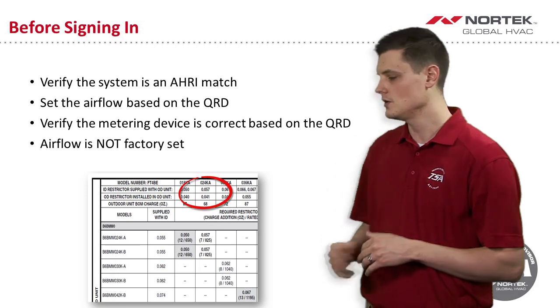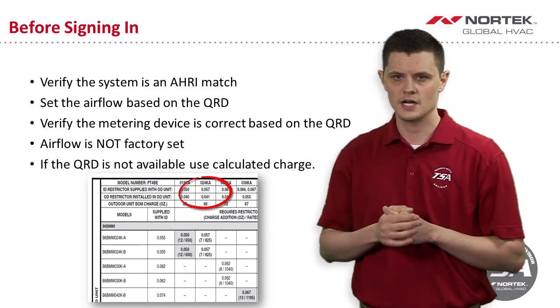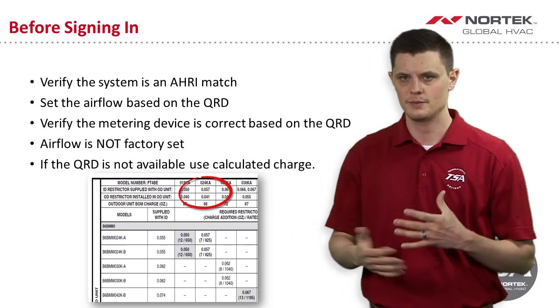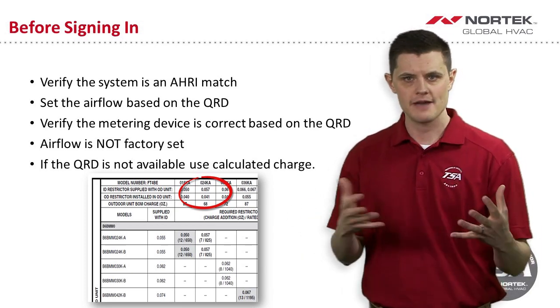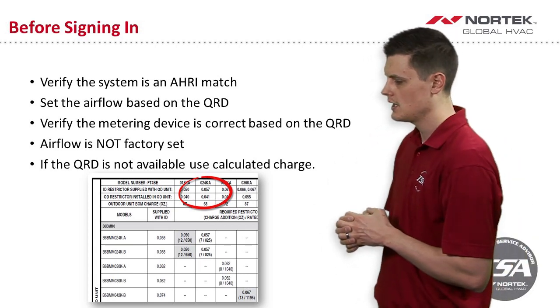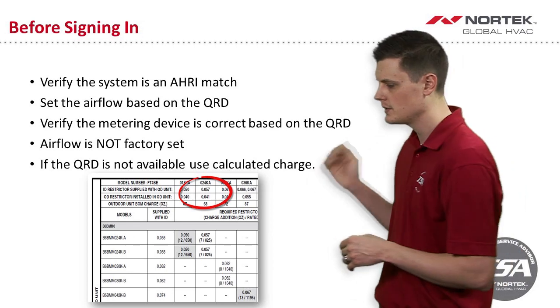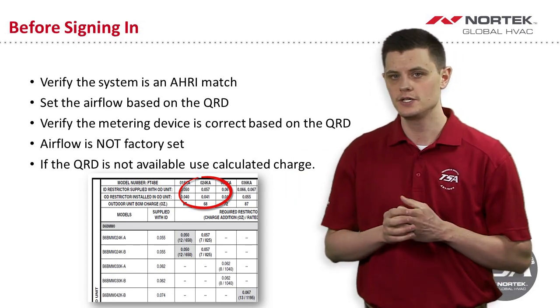Also, the QRD, if it's not available, like if you can't pull it up on your phone for whatever reason, or you just don't have it, one thing you can do on the charge calculator that I kind of touched on a little bit is we calculate the charge based on the tonnage.